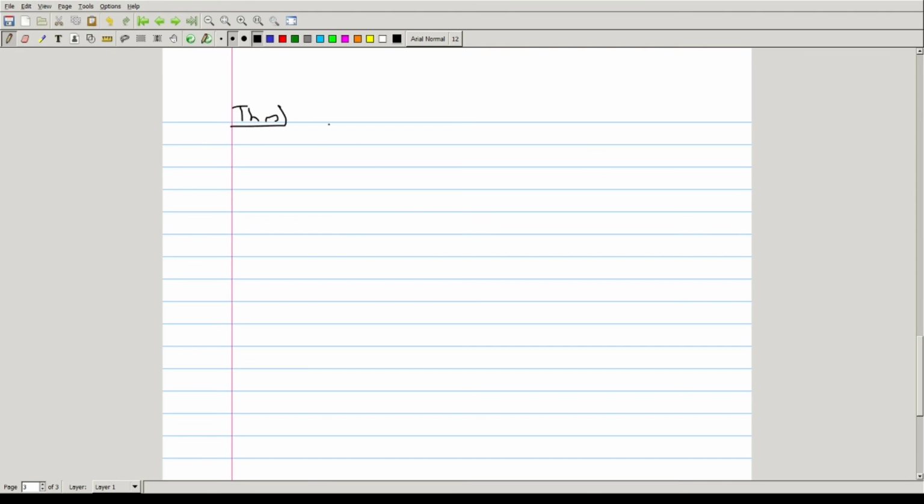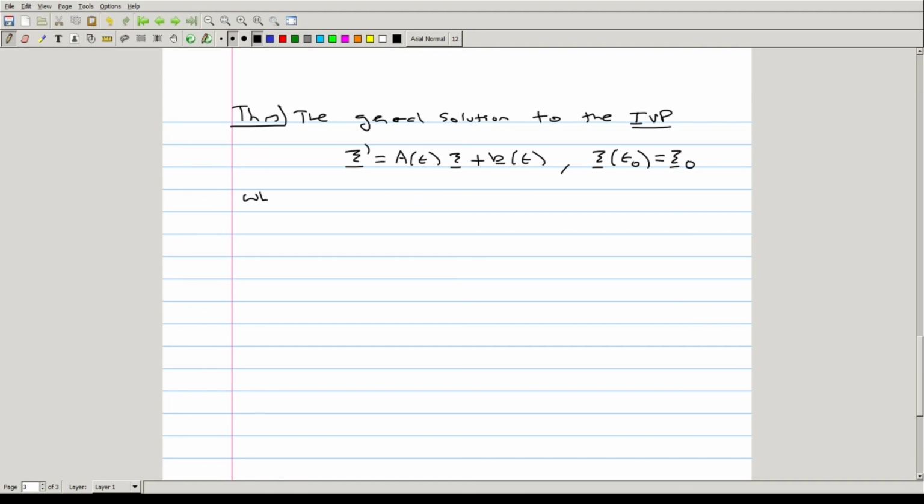And the first big theorem we want to state is the general solution to the initial value problem xi prime is equal to A of t times xi plus b of t, with some initial value xi naught, where the initial time t naught is in the interval I and xi naught is some constant.